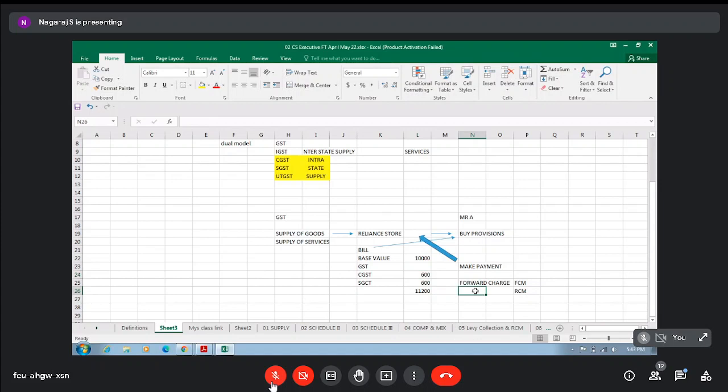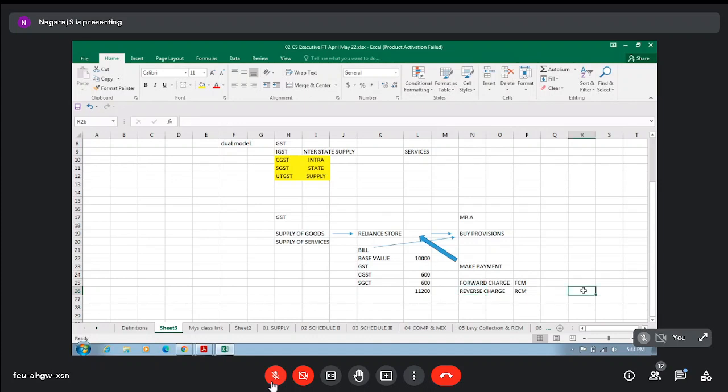That is called reverse charge. Understood what is forward charge and what is reverse charge? Reverse charge means the person who is receiving will make the payment of GST to the government. In the forward charge, the person who is supplying the goods will make the payment of GST to the government.